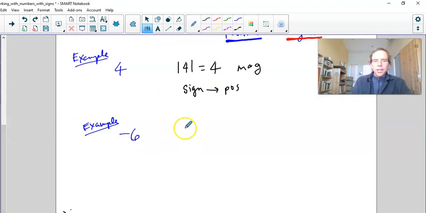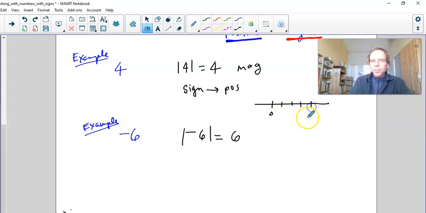All right. How about negative 6? The magnitude of negative 6 is the absolute value of negative 6. We said the result is always positive, so it's 6. I said that the magnitude was the distance from 0 on the number line. I didn't really show that in the previous example. Let's say 1, 2, 3, 4. Here's 4 on the number line. And you can see that the distance from 4 to 0 is 4 units, say.